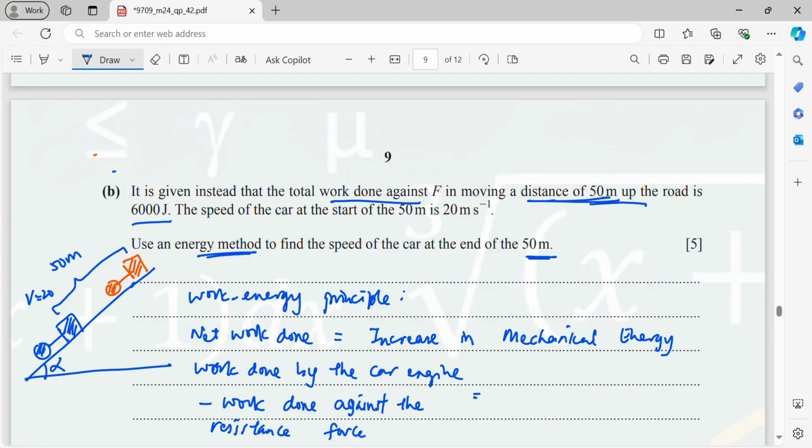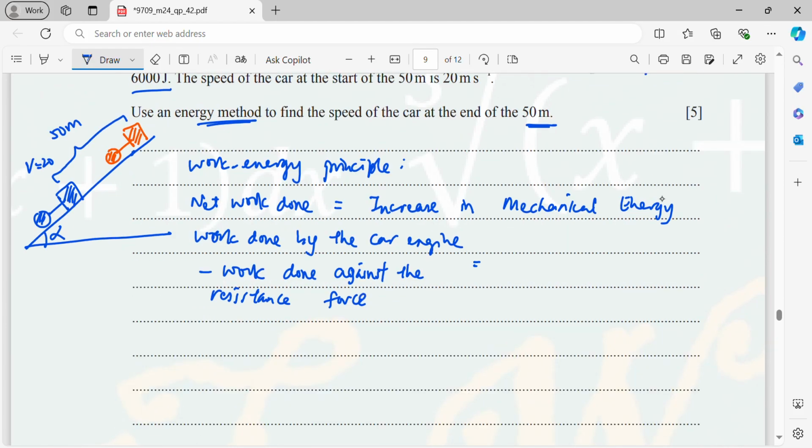Then the increase in mechanical energy is basically the increase in kinetic energy plus the increase in gravitational potential energy.